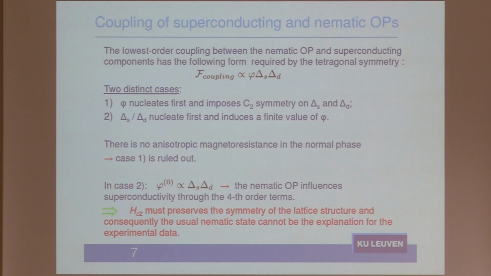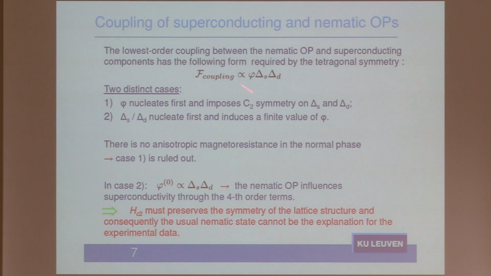There is another possibility, that due to this term we have a nucleation of the nematic order parameter and the mixing of this delta S, delta D. But in the Ginzburg-Landau, we also have a term proportional to phi square. When you minimize this with respect to phi, you obtain a term proportional to delta S, delta D. This is a usual thing.